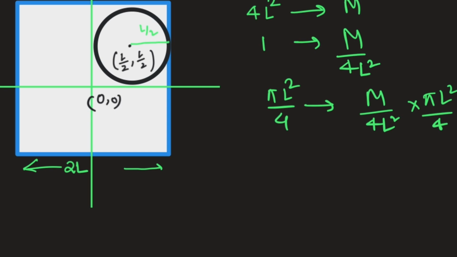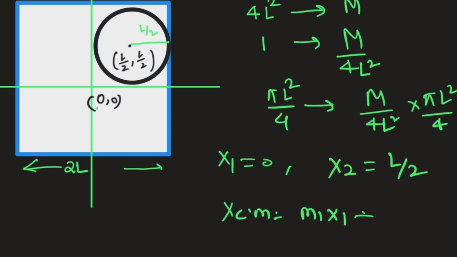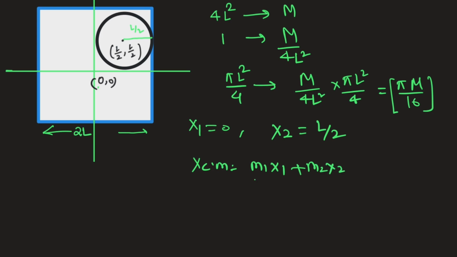Now, what is x1? X1 is 0, this coordinate. What is x2? X2 will be l by 2. So xcm is equal to m1 x1 plus m2 x2 divided by m1 plus m2.